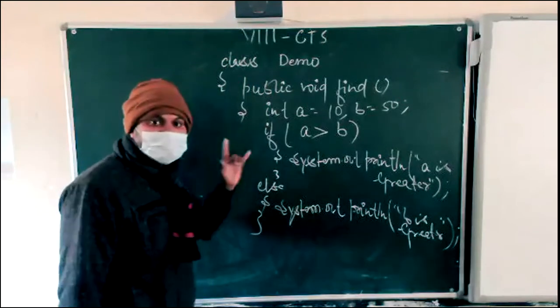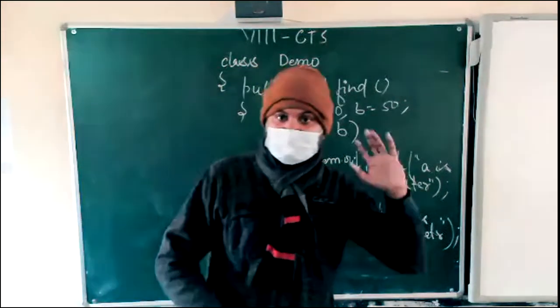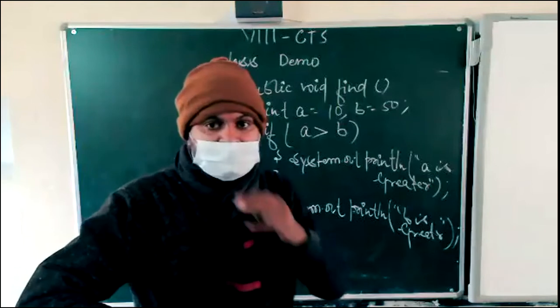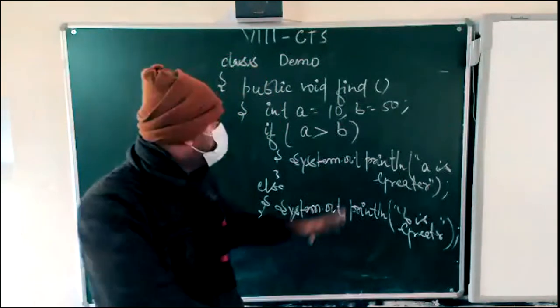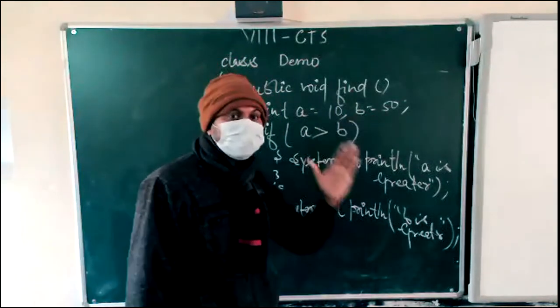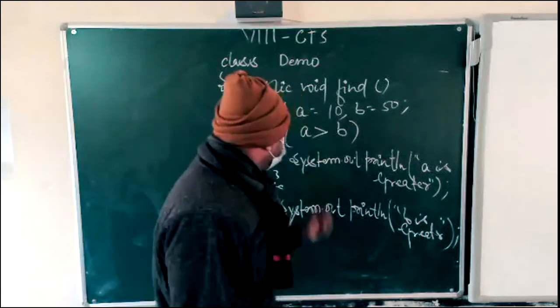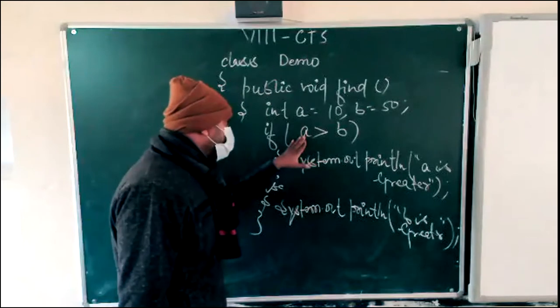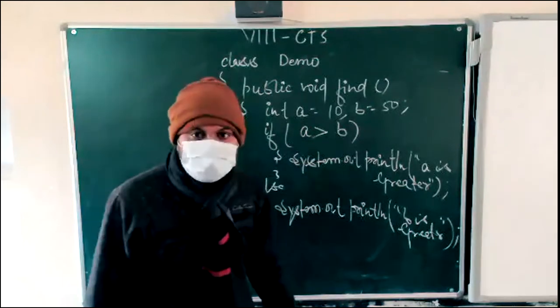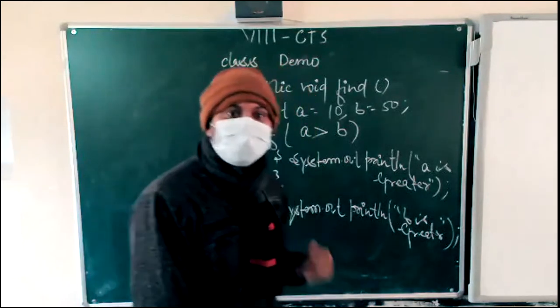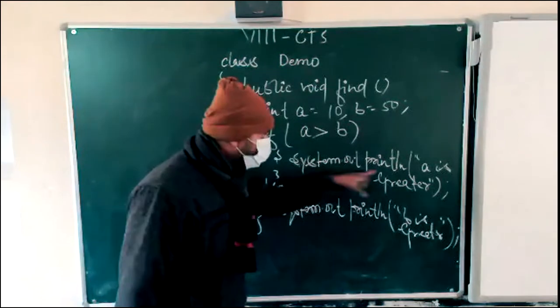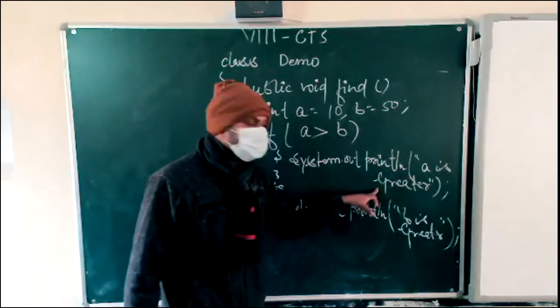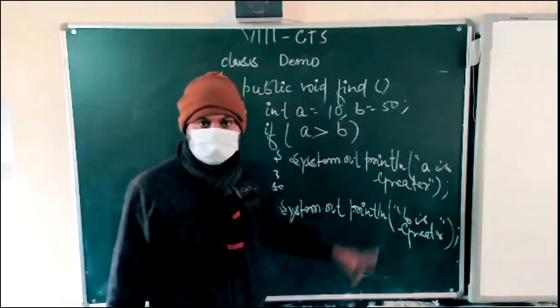Now, if we assume in this question that we do not have the same values for A and B, they are different values, in that case only we can check in this format. If A is not greater than B, then definitely B will be greater, and if A is greater than B, then the statement "A is greater" will be printed. Got it?